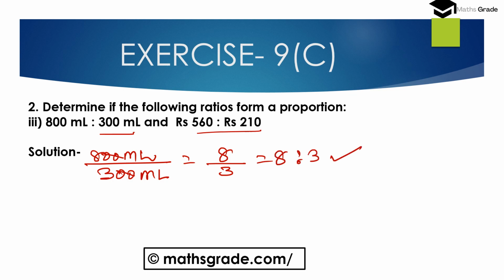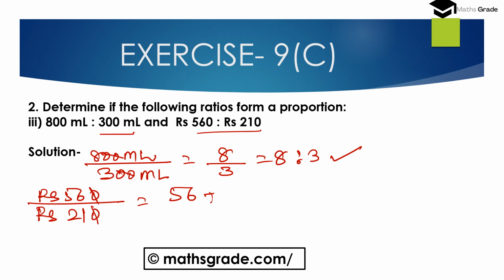Now the ratio 560 rupees is to 210 rupees, that is 560 rupees divided by 210 rupees. Both are of equal unit, in rupees, so cancel zeros. Now 56 divided by 21, and between 56 and 21, 7 is the common factor.